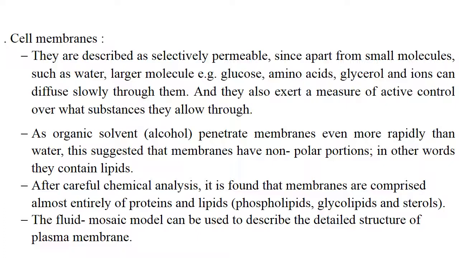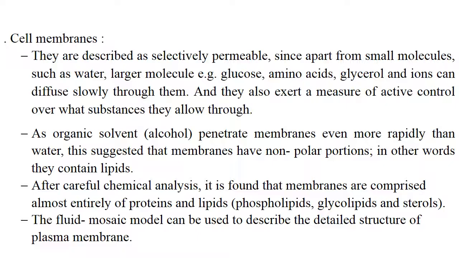Cell membranes are described as selectively permeable since, apart from small molecules such as water, larger molecules like glucose, amino acids, glycerol and ions can diffuse slowly through them, and they also exert a measure of active control over what substances they allow through.